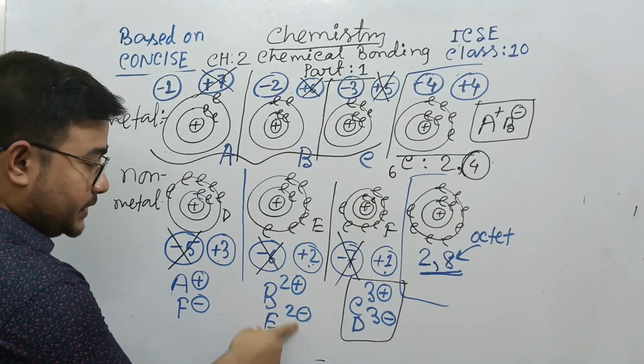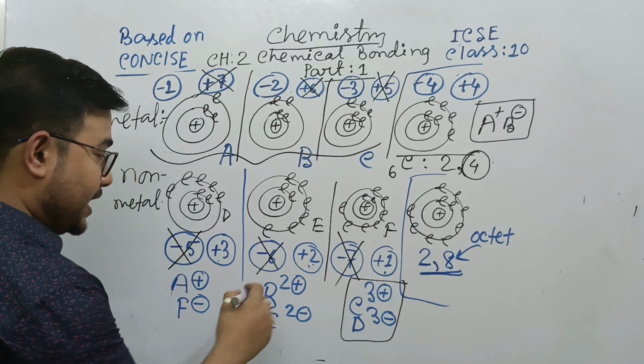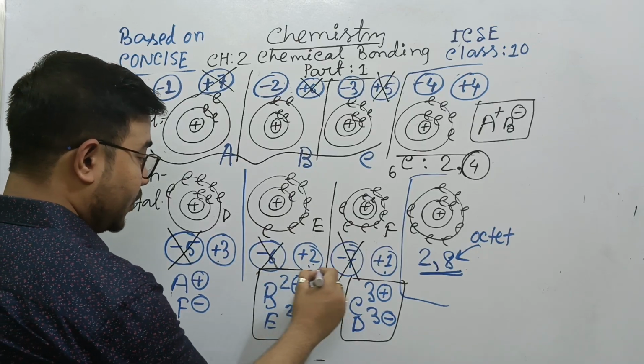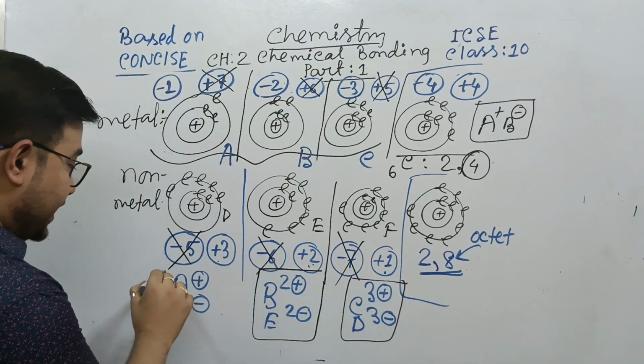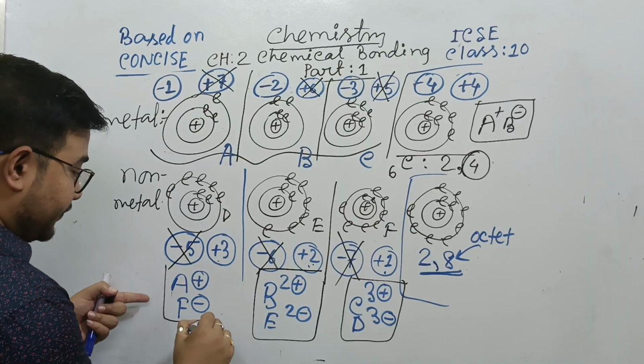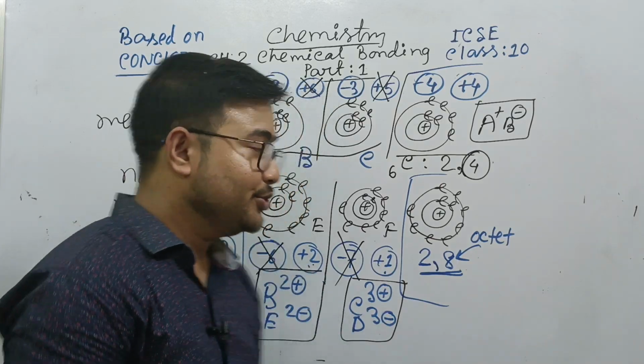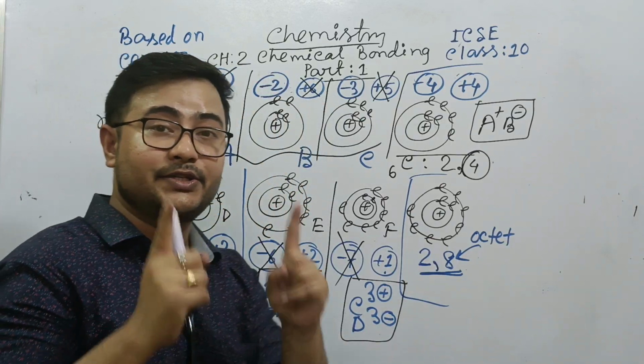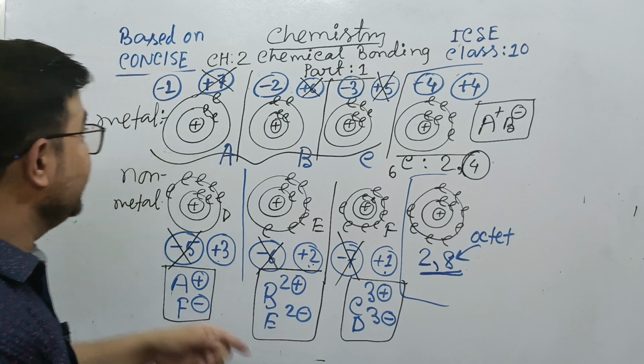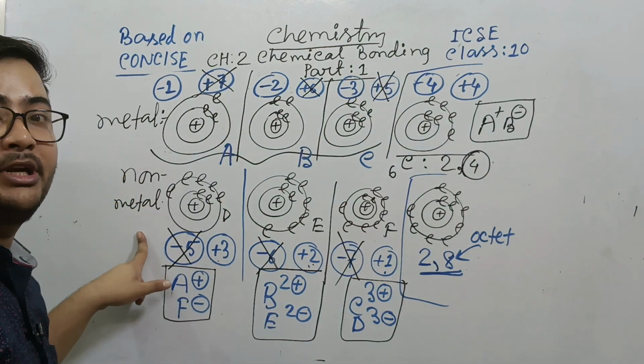Here 2 positive, 2 negative, so they attract. So here B and E form an electrovalent bond. Here A is 1 positive and F is 1 negative, so they form an electrovalent bond. So do you understand, an electrovalent bond forms between metal and non-metal?